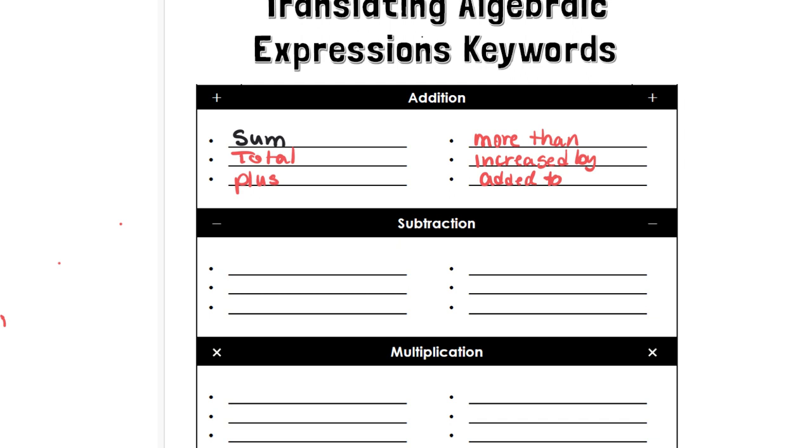The words for subtraction are difference, minus, decreased by, less than, which is a turnaround word. And if you just draw this on here, I'll explain it to you later.